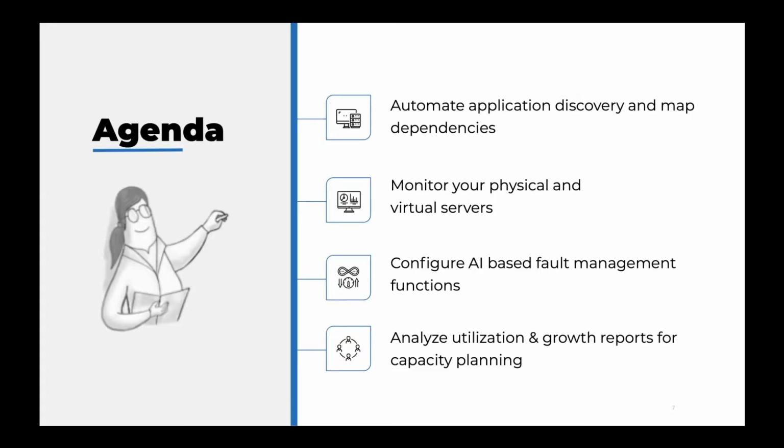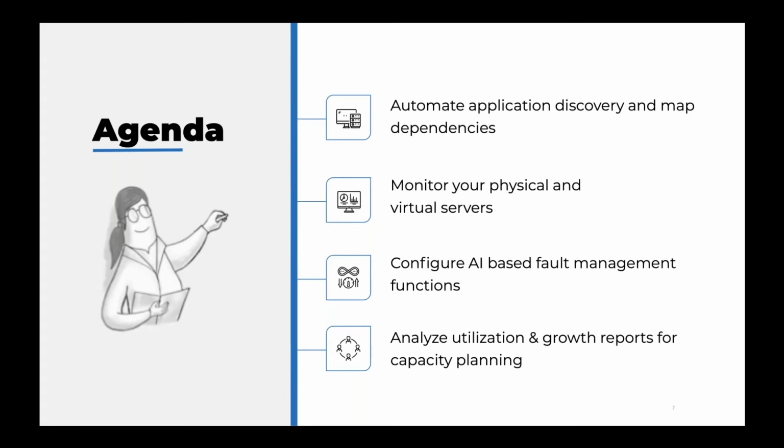Let us take a quick look at the agenda for today's webinar, which I've split across four different parts, and we'll be navigating through each of these parts and see the capabilities of the product with respect to each of these. The first of which is automating application discoveries and mapping dependencies, which is ideally an automated discovery process.